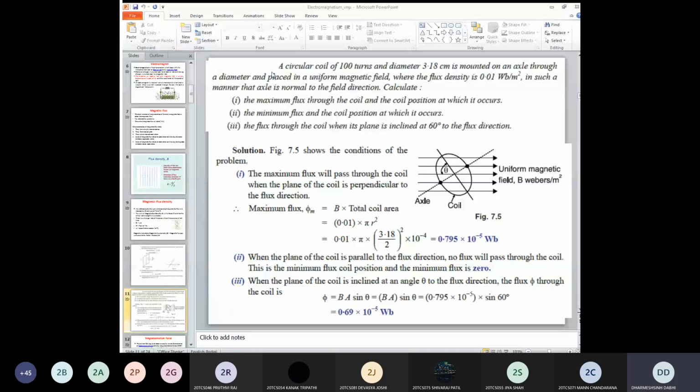Okay, so write down this example. A circular coil of 100 turns and diameter 3.18 centimeter is mounted on an axle through a diameter and placed in a uniform magnetic field where flux density is 0.01 Weber per meter square, in such a manner that the axle is normal to the field direction.